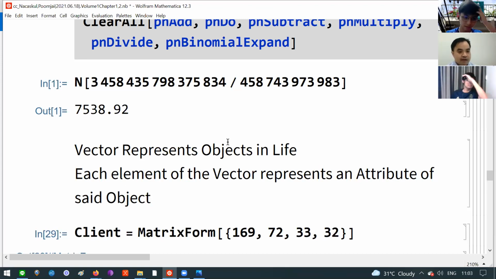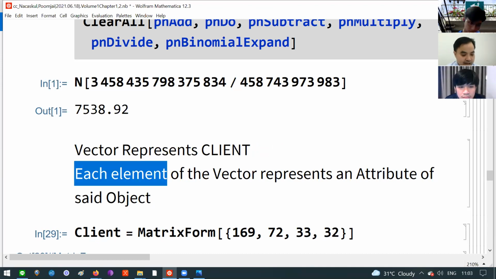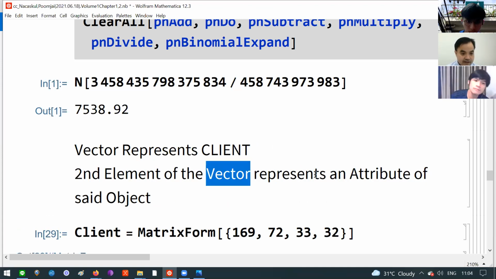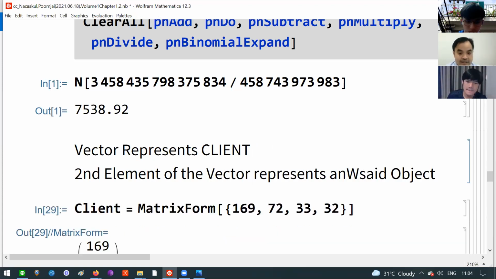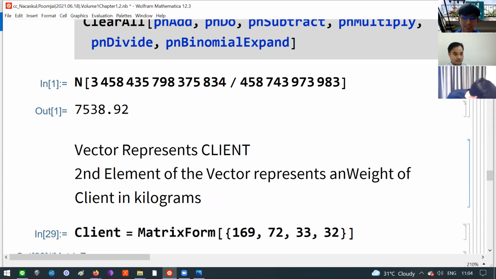So if I say a vector represents your client, I can say something like the second element of the vector then represents the weight of the client in kilograms.